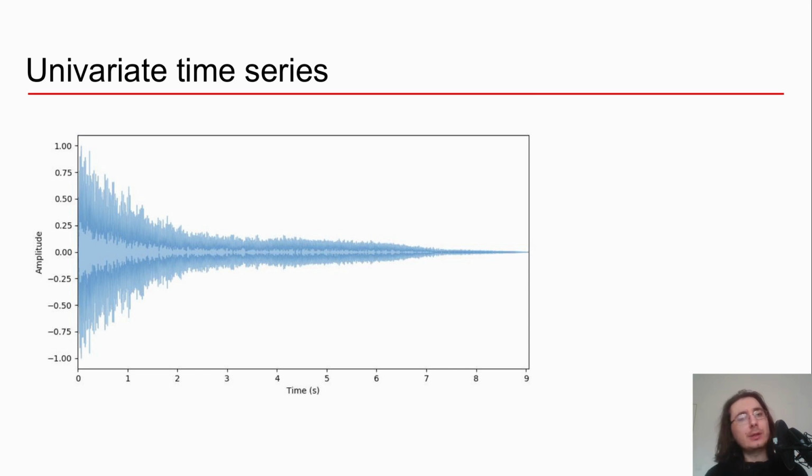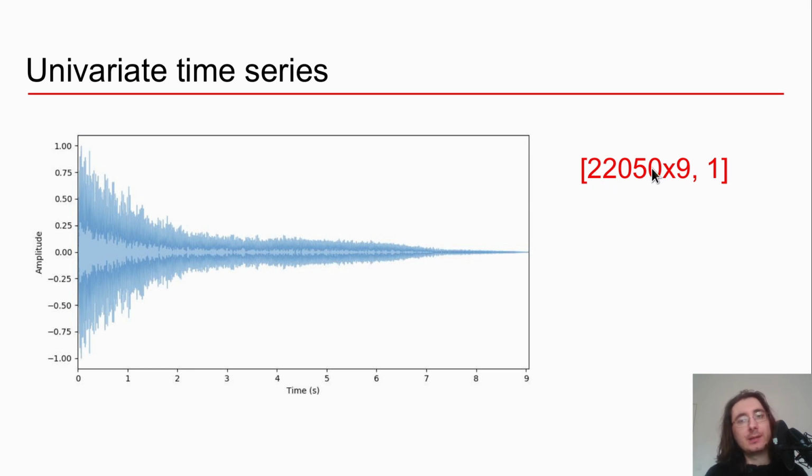Now let's take a look at the data shape that we have with a waveform expressed as a time series. So here we have it. The first dimension is basically given by the number of samples or number of intervals where we are taking measures.